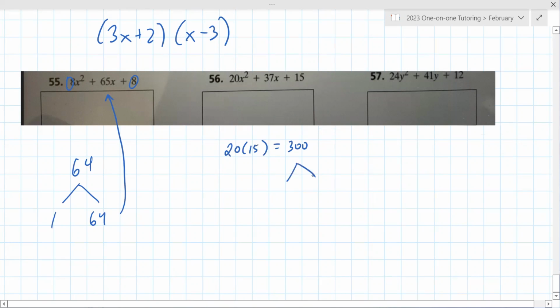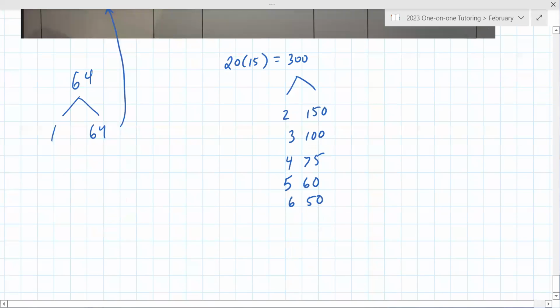They've got to be 37 apart, which is pretty big. Like 2 and 150, 3 and 100. See how they're starting to get closer and closer together? 4 and 75, 5 and 60, 6 and 50.